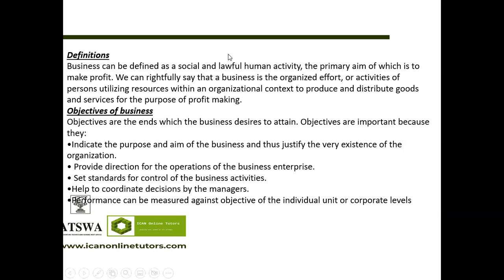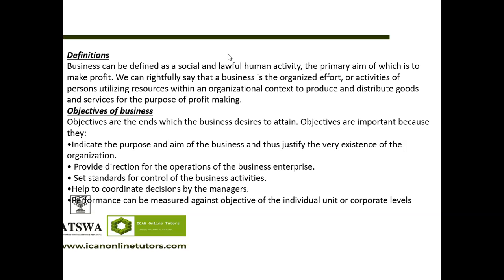Performance can be measured against objectives. Once we set objectives, we can measure performance. If we say that your objective is to achieve a profit of 10,000, then at the end of the day we can measure your performance, whether you are able to achieve that 10,000 profit.